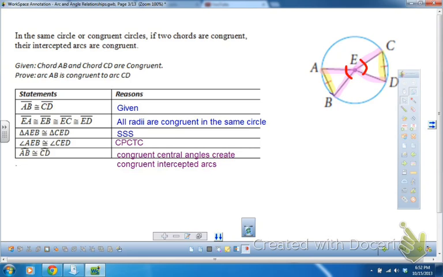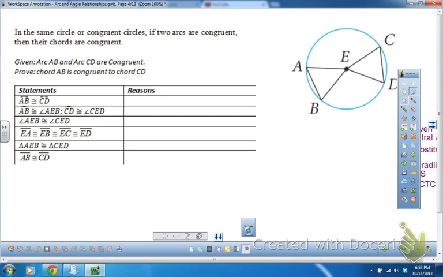And now we're going to prove the converse of that by showing that if you have the same circle or congruent circles, and the arcs are congruent, then the chords would be congruent. So in this one, we are given that arc AB and arc CD are congruent.